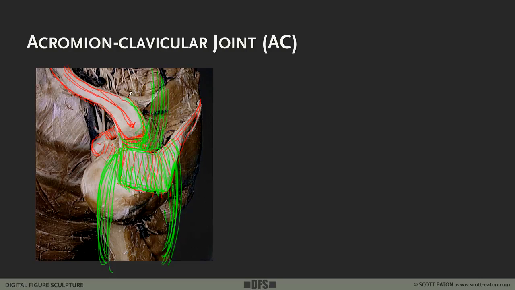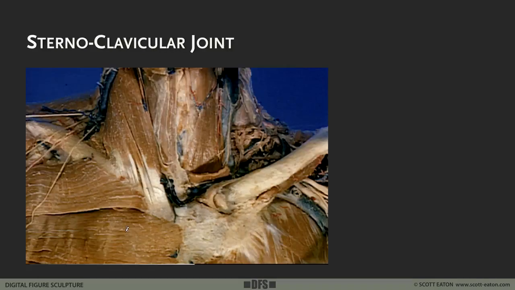And then, of course, the clavicle has origins and insertions for the trapezius and the front deltoid going down here. Right, so really these are the landmarks that we need to attend to. And this is going to be what we're manipulating when we're working through this exercise of the articulation of the shoulder.